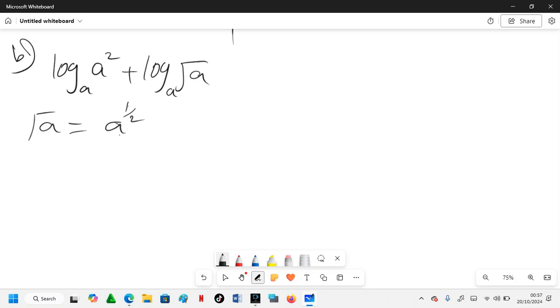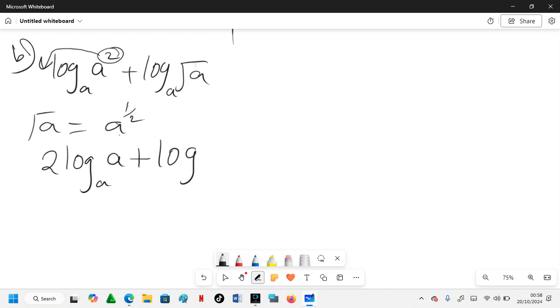Our target is to ensure that we have common things. So if we drop this one down there, we're going to have 2 log to base a of a plus, this one is going to be log to base a of a to power half, because I've said the square root is the same as a to power half.